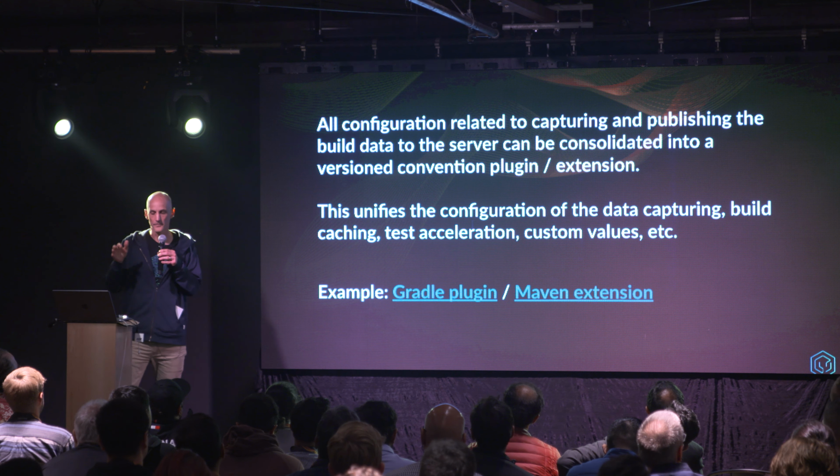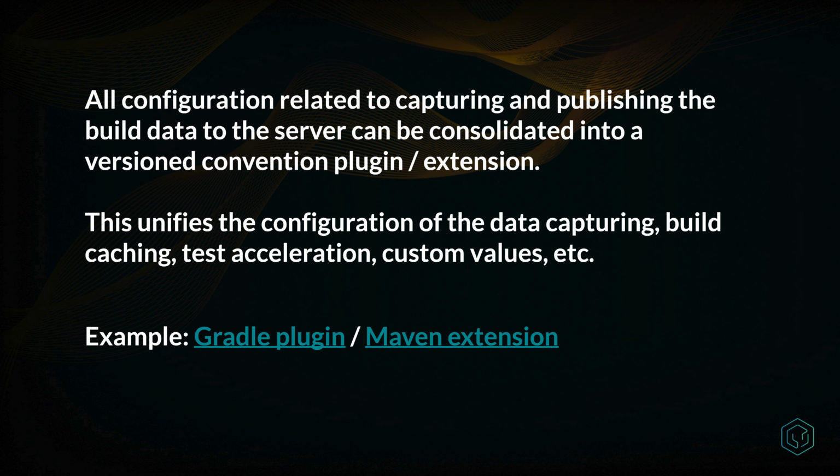All right. Before I finish this part, what I can recommend, whether you have a lot of projects or even just a single one, is to have a configuration plugin, convention plugin, where you capture all the configuration, right? So which server, your build cache settings, maybe you capture some custom values and custom tags and so on.